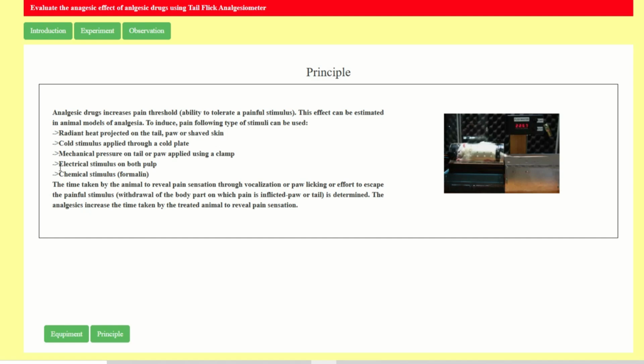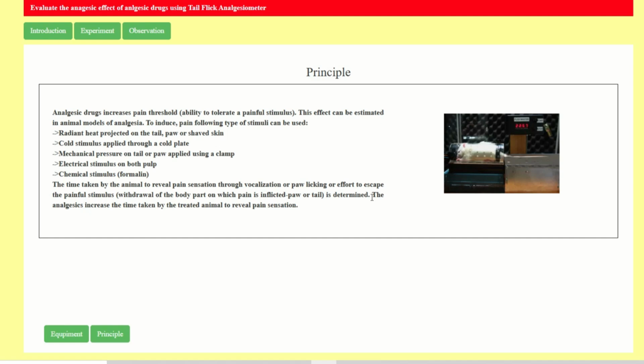Electrical stimulus on the paw; sometimes we give a shock to the tail. And chemical stimulus, formalin: we apply formalin on the tail. It also produces pain. The time taken by the animal to reveal pain, through vocalization, paw licking, or effort to escape the pain stimulus, or withdrawal of the body part on which pain is inflicted, paw or tail, is determined.